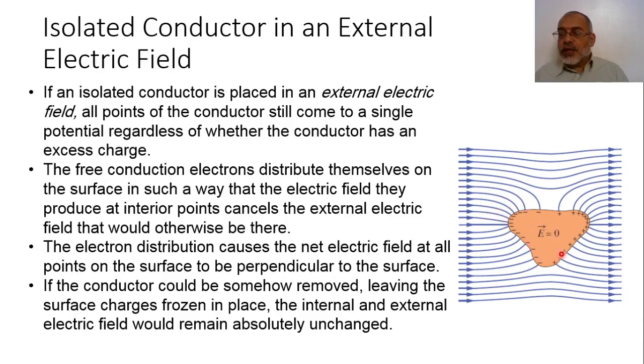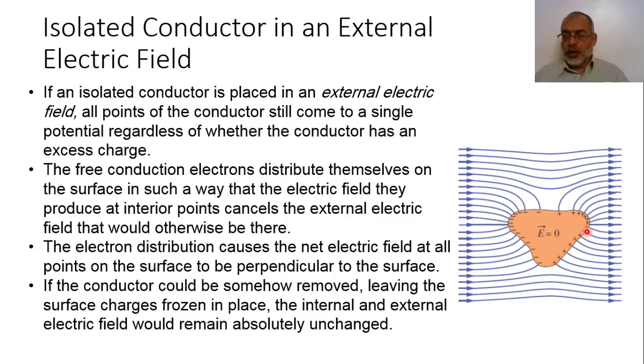So the electric field inside the conductor is zero, and the electric field on the surface of the conductor is perpendicular to the surface. Imagine that we have kept the charges as they are and we remove the conductor.